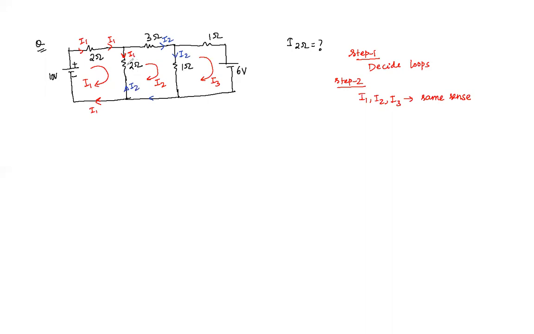So through this 2 ohm, we are assuming that I1 and I2 are there. Similarly this one is I2, I3, and I3. So the 1 ohm is having two currents, I2 and I3. We will decide which is going to be greater and what assumptions you need to take. So let's write down applying KVL in loop 1.